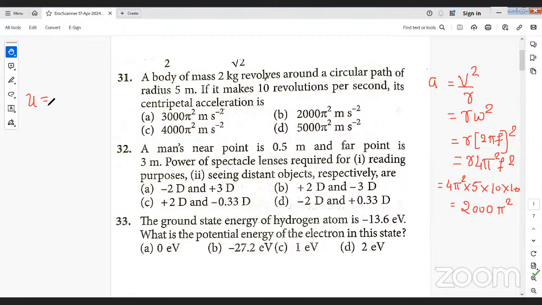So here what we can do, that is power is equal to reciprocal of the focal length. So first we need to calculate the focal length, then power calculation will be easy here, students. So for reading purpose, it is 0.5 meter. So therefore it becomes 50 centimeter.